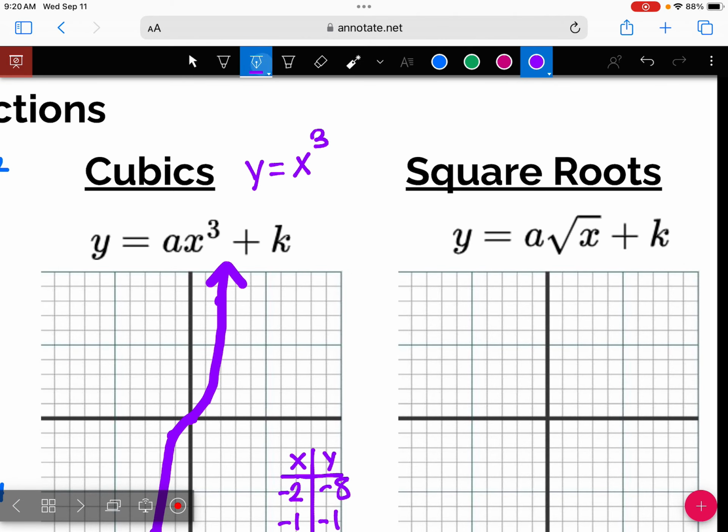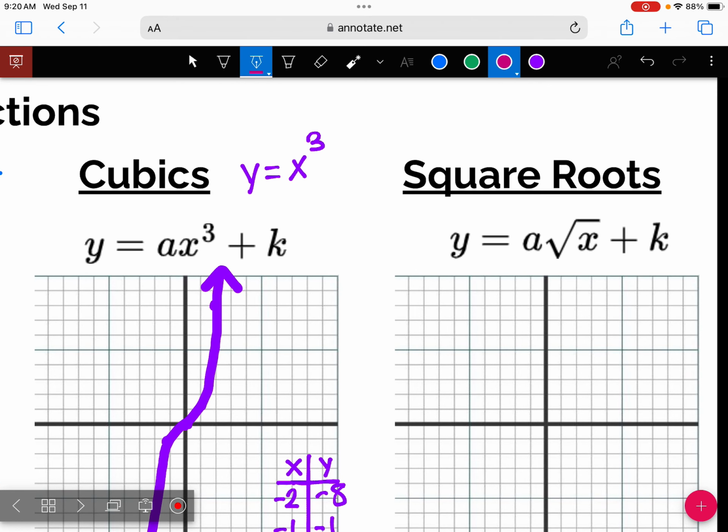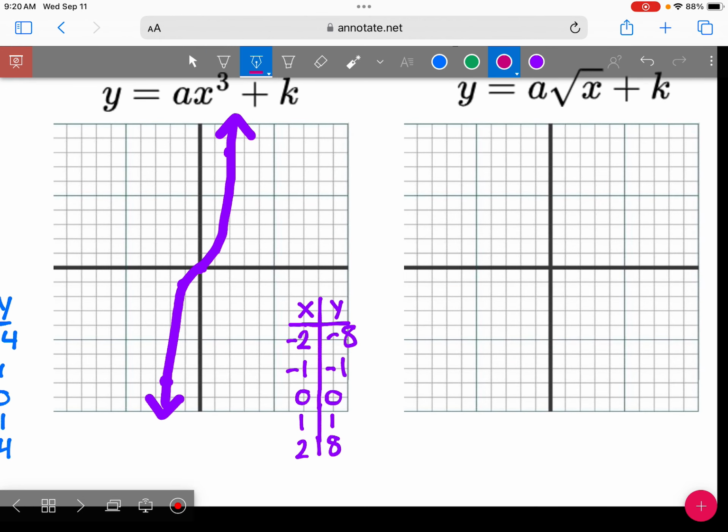Okay, so our last parent function we're going to look at today is our square roots. So we're going to use our basicest of basic equations, y equals the square root of x. Again, we're going to pick some x values to find y values. And what x's should we use?